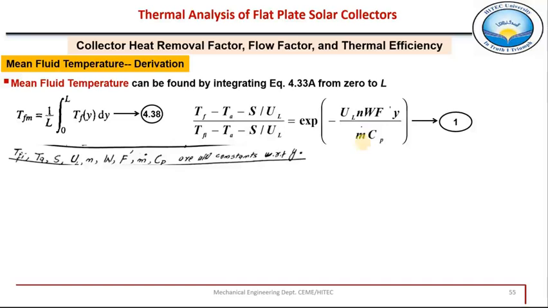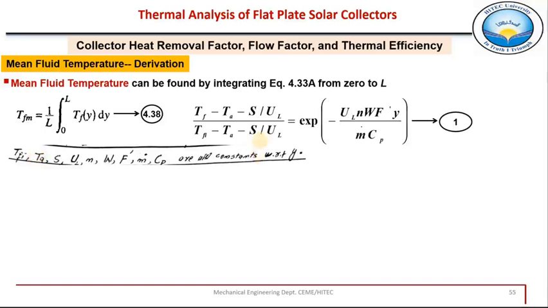So all these terms in this equation 1 are constants, and they are not changing with respect to the y direction, because we are interested in finding the mean fluid temperature in the y direction.